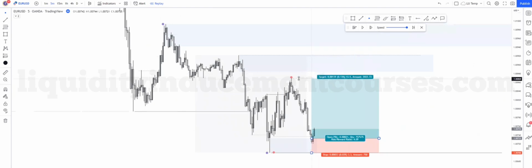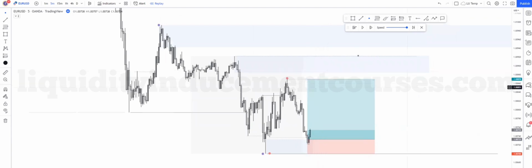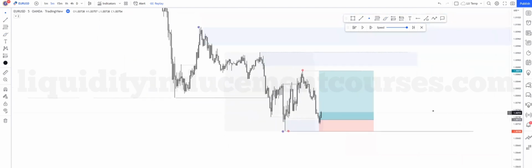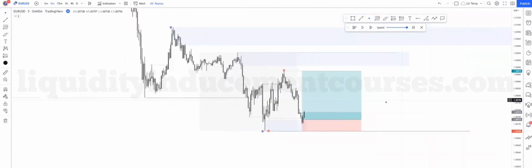We're going to target this because we have an untested QM, in other words, an obstacle. I'll call it an obstacle because it's in the way of the actual direction of bias, as I am expecting this to get taken and come into here. That's my current expectations right now. All right, so we have to be able to adapt. So that's feeding liquidity into this. That's why it's very high probable.